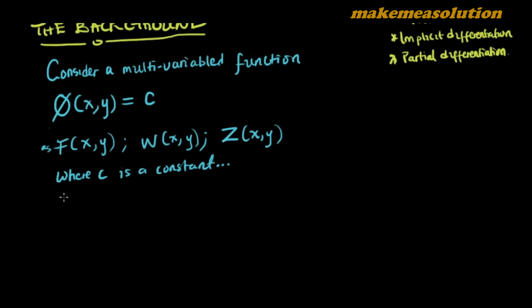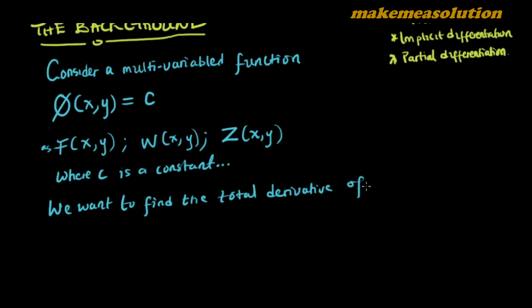So we want to find the total derivative of phi of x comma y equal to c with respect to x.